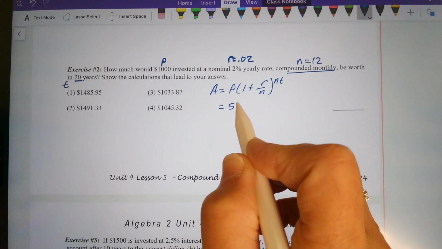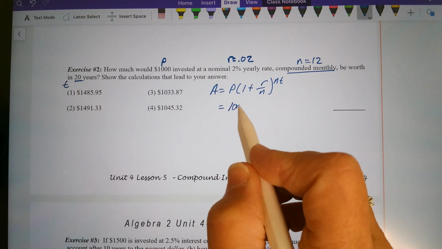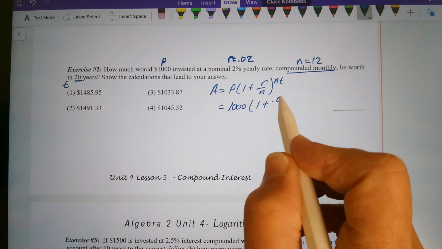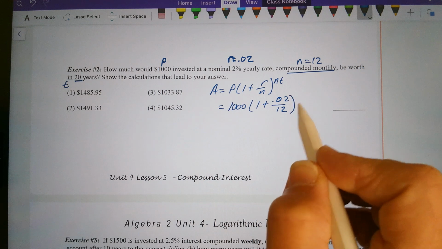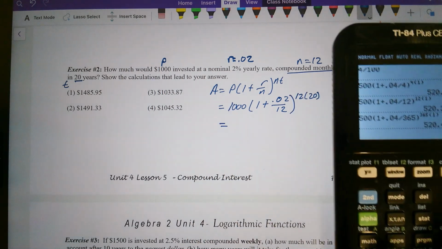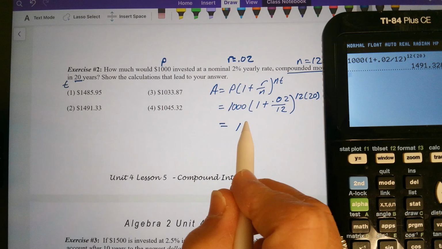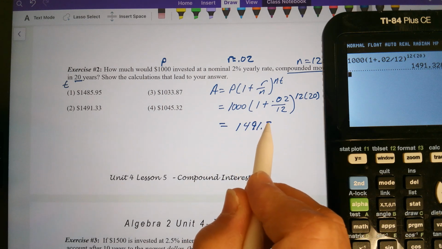Now replace our variables with their amounts. And put it into the calculator. $1,491.33.